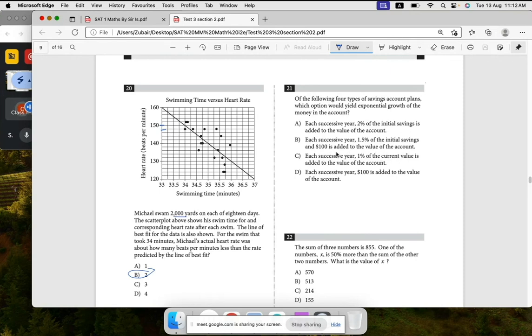Each successive year, 1% of the value is added to the account. Each successive year, $100 is added to the value of the account. This should be a percentage increase. When you just add something, that is not exponential.